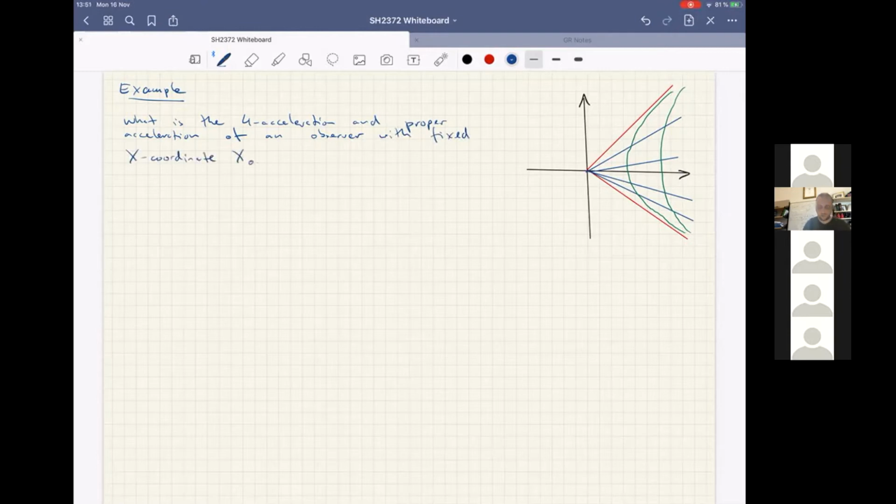So we're going to put the x coordinate to x0. That means that the world line is going to be given by x being equal to x0 cosh alpha t, and t is going to be equal to x0 sinh alpha t.